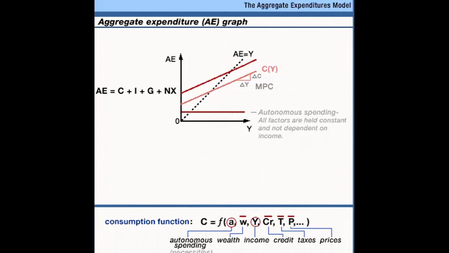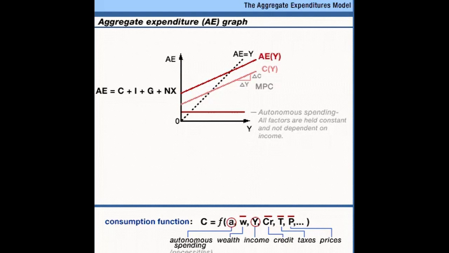And here's how you show it in the picture. Take the consumption function, consumer spending as a function of income, and add on all of these other spending plans, the spending plan of business, government, and foreigners. And that now gives you a line that we can call the aggregate expenditure line. The aggregate expenditure is a function, so I'm using parentheses here to denote that, is a function of income because consumer spending increases as income increases according to the marginal propensity to consume.